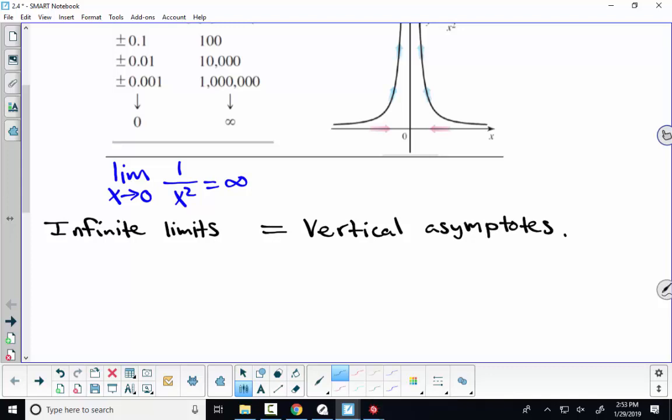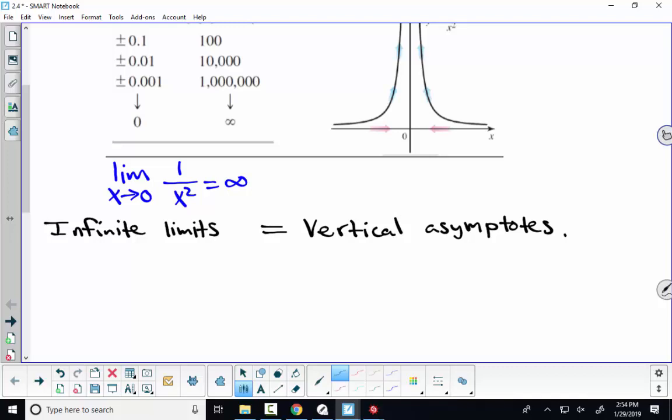And if you think to previous classes on how they were defining a vertical asymptote, we didn't have the language of limits, so we had to say, well, vertical asymptotes are always the zeros of the denominator that are not zeros of the numerator. In other words, factors of the denominator that are not factors of the numerator correspond to vertical asymptotes.